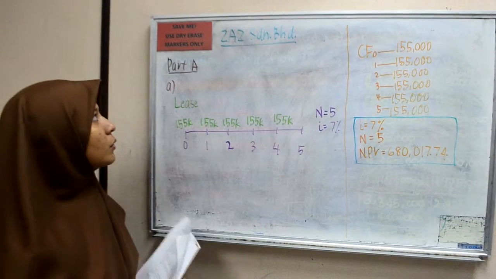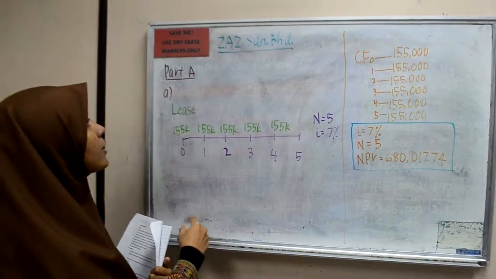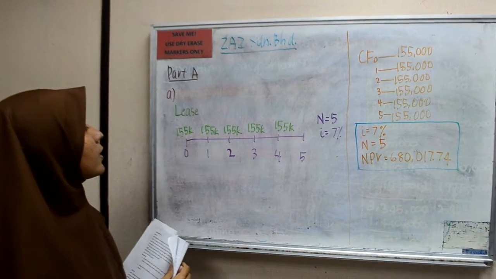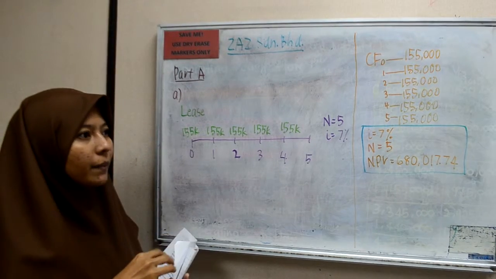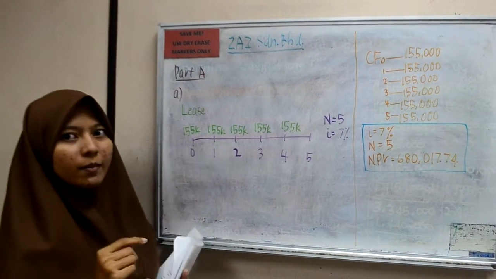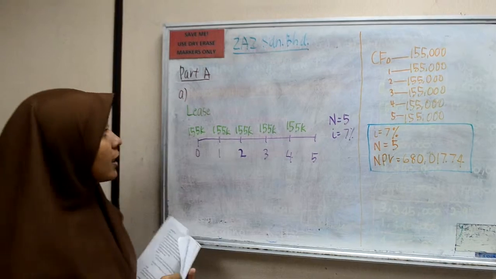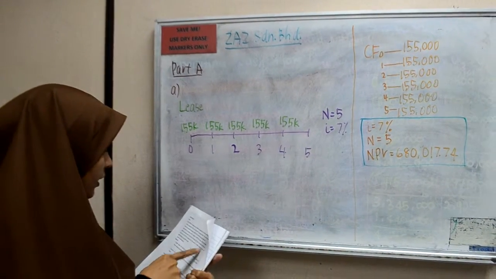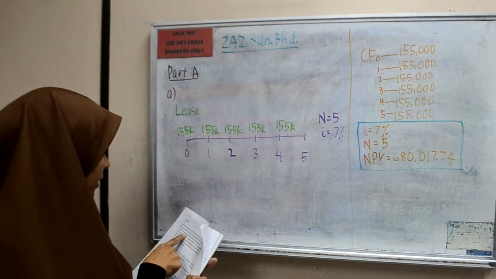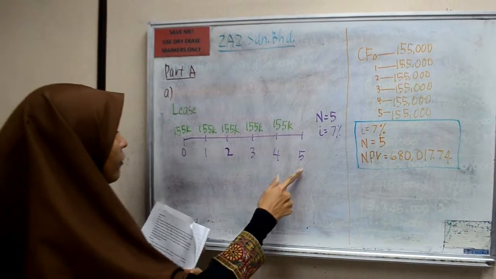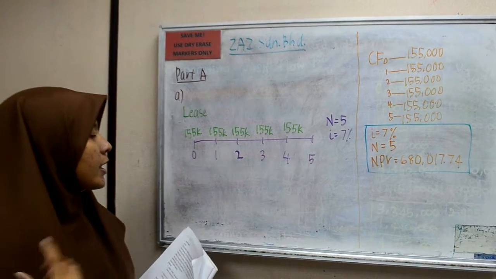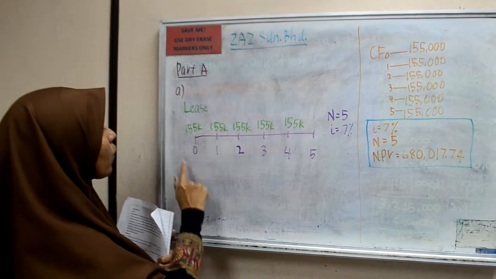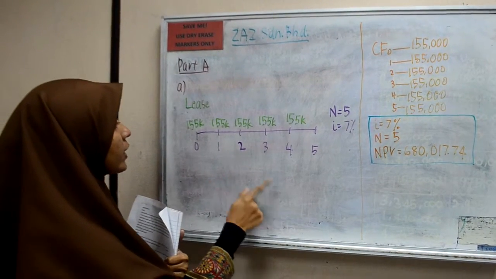Okay, we will move on to the next chapter, which is capital budgeting techniques. So for Syazwina Berhad, part A consists of the key concepts of lease and also purchase, but I will only explain about the lease. Okay, for the lease, we draw a timeline, and in this question, it is stated that the lease payment of 5 years, at the beginning of each year, amounts to 155,000 ringgit.